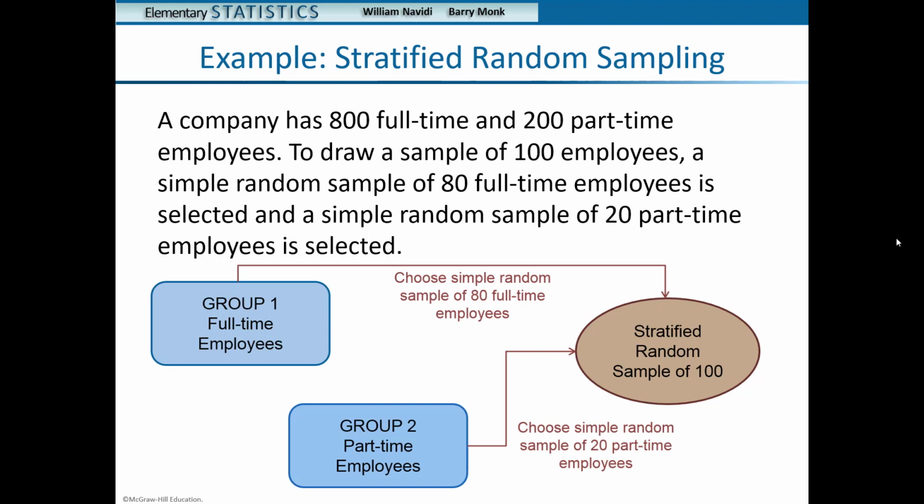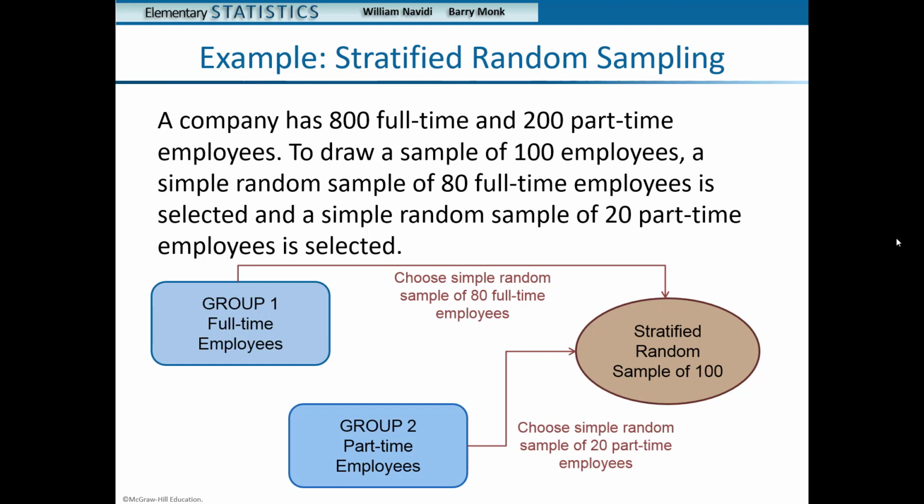And then the 80 full-time and 20 part-time are combined together to give us an overall sample of size 100. And by utilizing stratified sampling, that guarantees that our final sample has the same proportions of full-time and part-time employees as the population, okay?